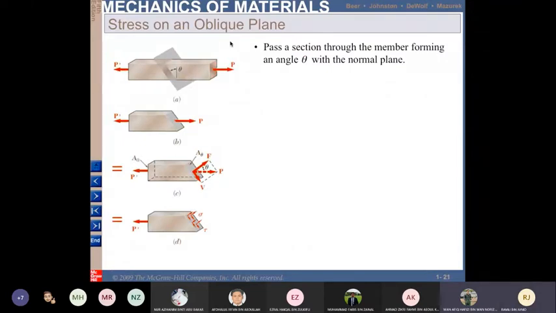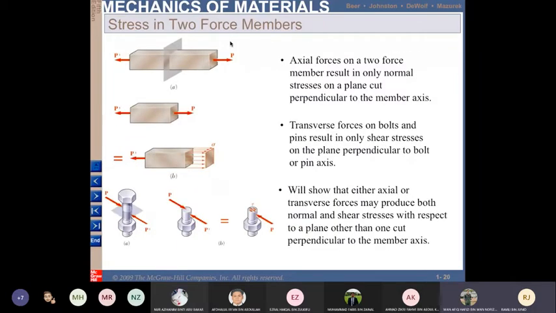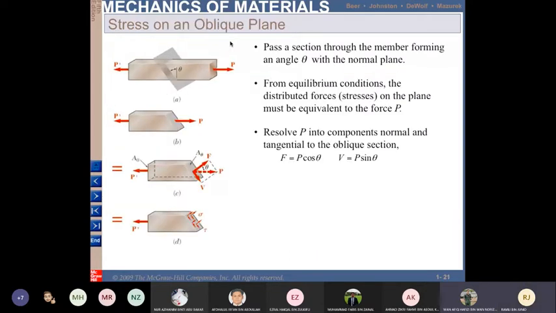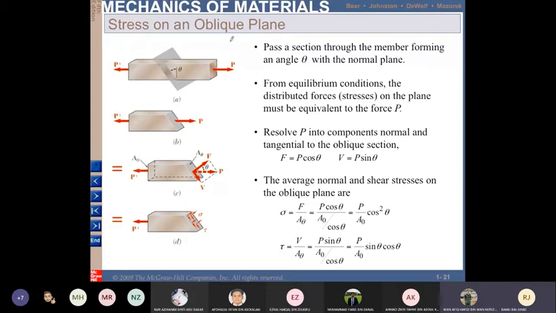But what I want to explain today is what happens when you pull your object. This is your rigid body. Your object will fail, making a plane with a certain amount of angle.